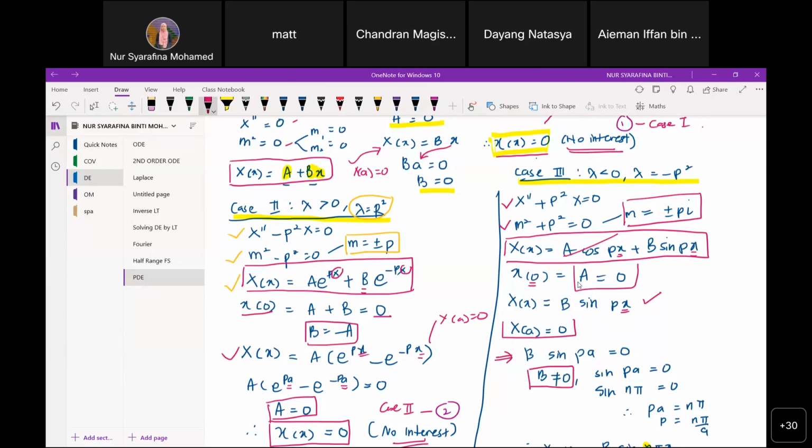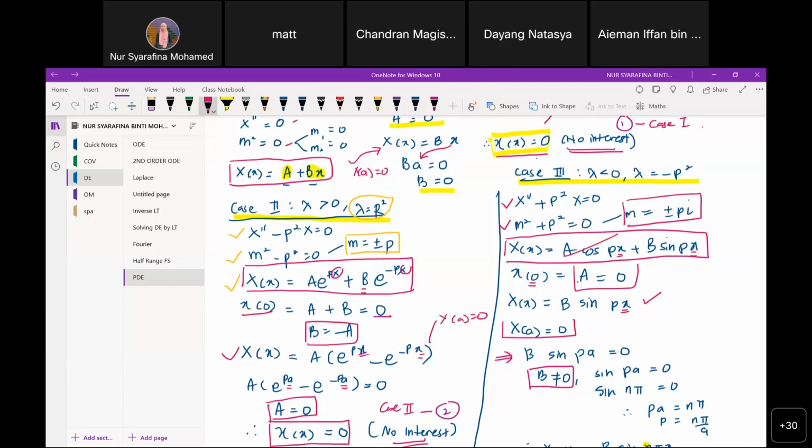Why can b not be 0 for this case? Trivial solution means there is no solution at all, right? Okay, thank you. So if b equals 0, then there is no point solving this. You will have no solution. So we cannot have b equals 0.